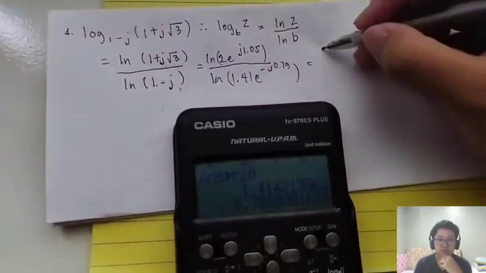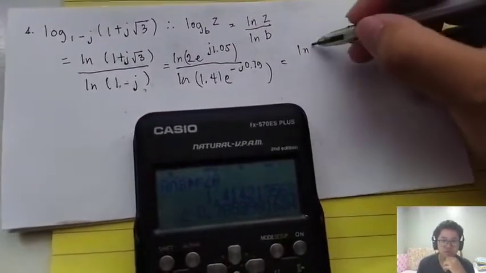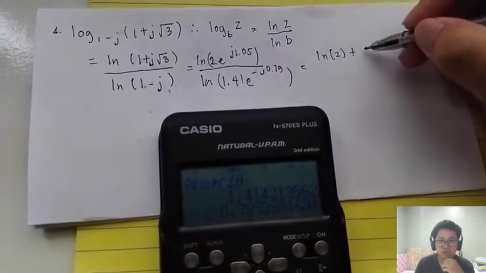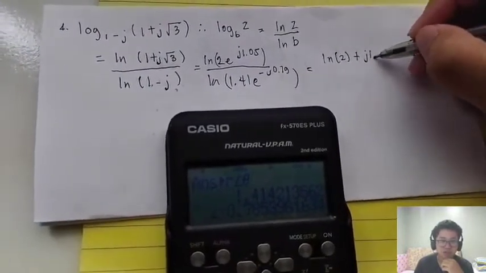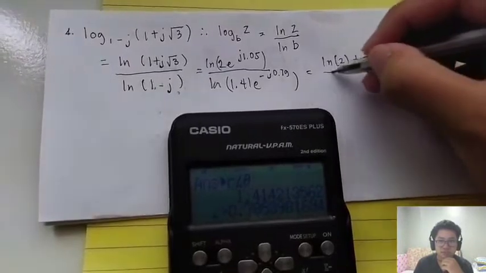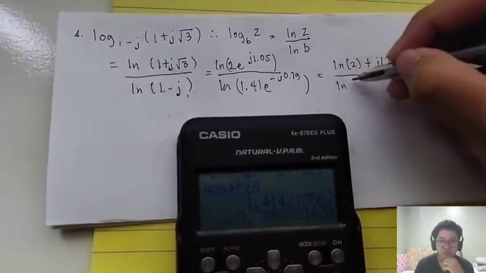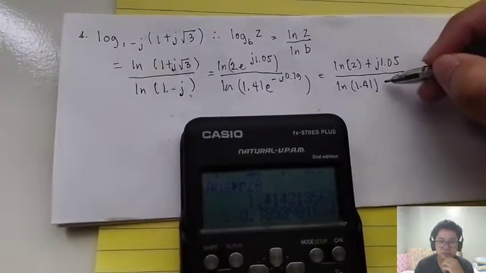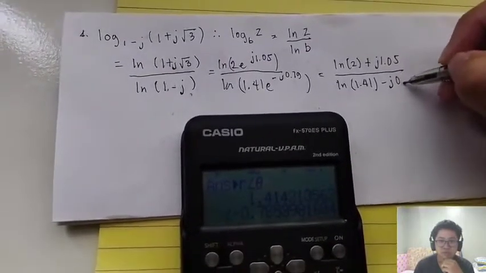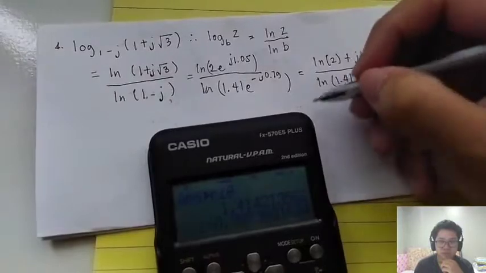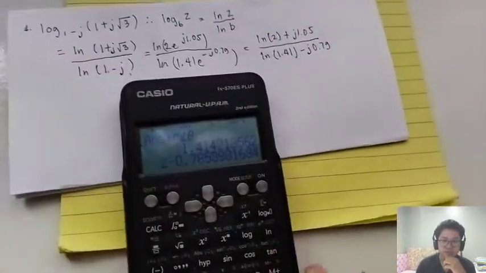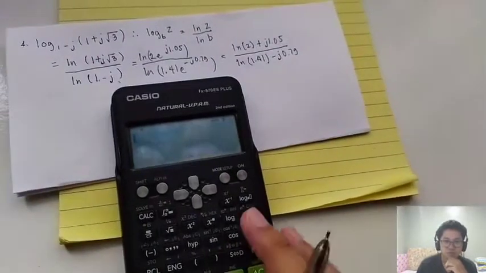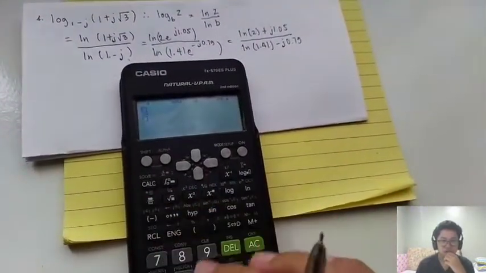Now we use the property of logarithms, that is ln of 2 plus ln e raised to j 1.05, that is just j 1.05, and the ln of 1.41 minus j 0.79. Now we can determine the value by using the calculator.